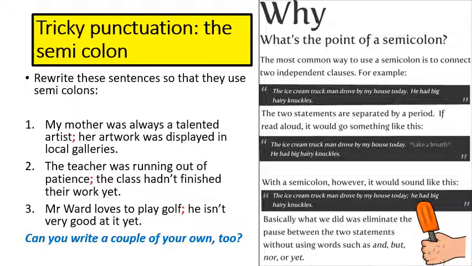So you can see the answers here. For the first one, I took out the full stop between artist and her. Those two simple sentences are main clauses. They work just as well because they're related as a compound sentence with a semicolon in the middle. For number two, the word because has been dropped. Anything that starts with the word because would be classed as a complex sentence.